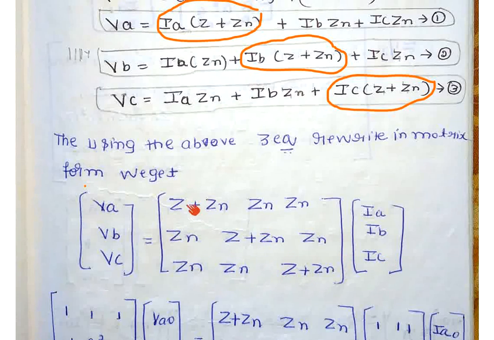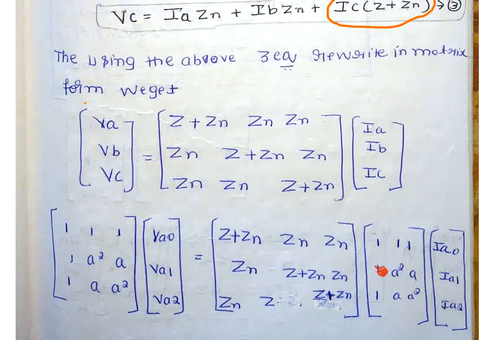So the diagonal elements will be the same, Z plus Zn, and the upper and lower off-diagonal elements will be Zn. And here we need to multiply IA, IB, IC. For VA, it is Z plus Zn into IA, Zn into IB, Zn into IC. For VB, it is Zn into IA, Z plus Zn into IB and Zn into IC. For VC, it is Zn into IA, Zn into IB, Z plus Zn into IC.